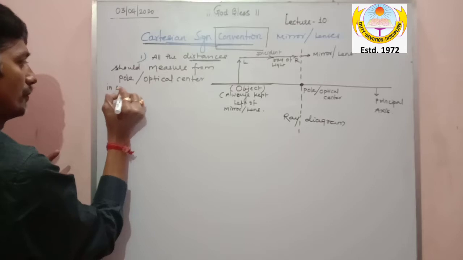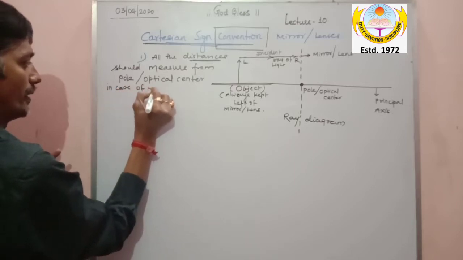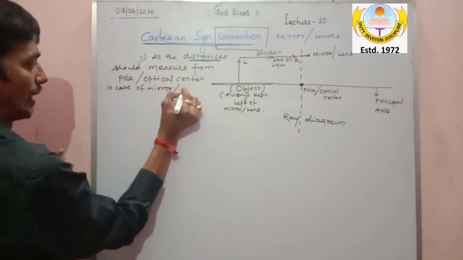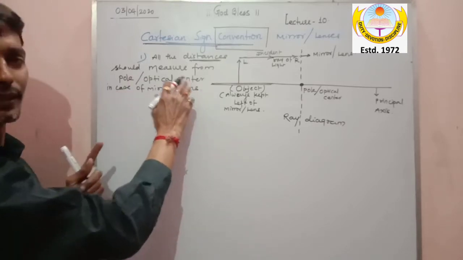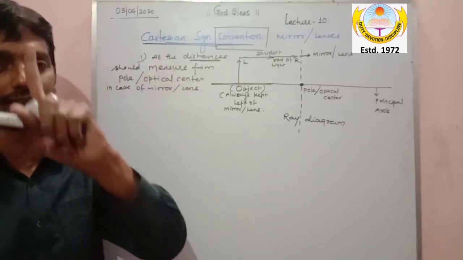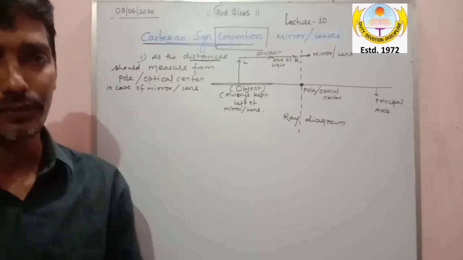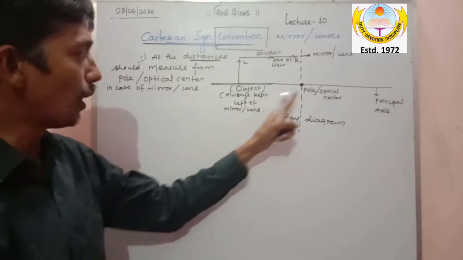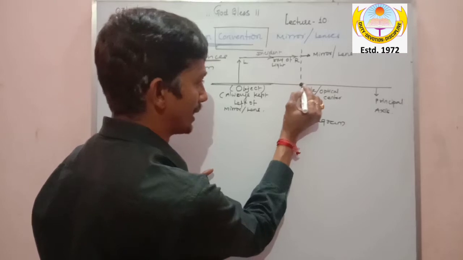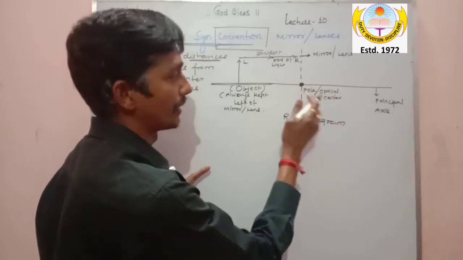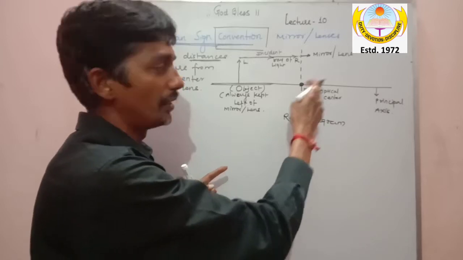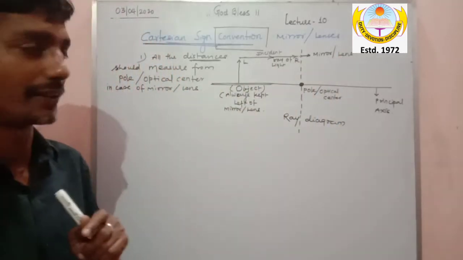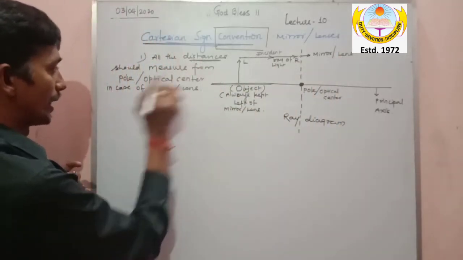For a mirror it is the pole, for a lens it is the optical center. That's the first Cartesian rule. So all distances you will measure from either the pole or the optical center. If it is a mirror, we measure from the pole. If it is a lens, we measure from the optical center. That is the first point.